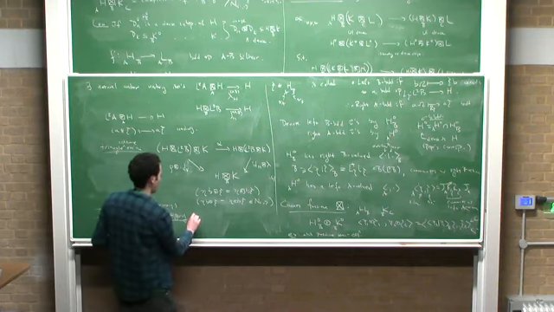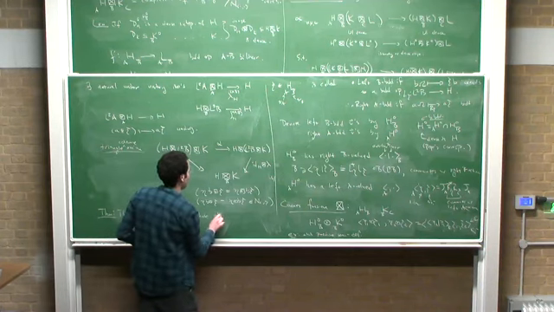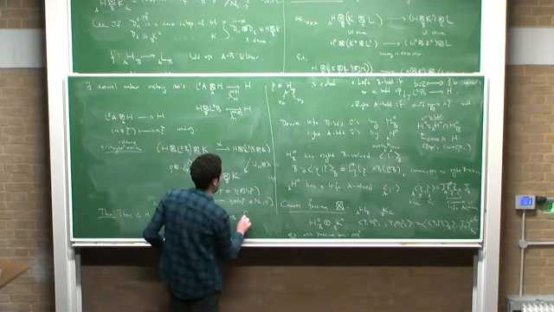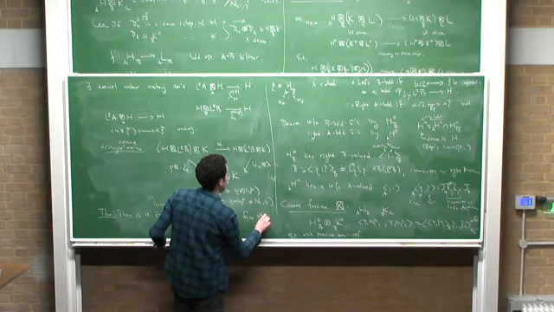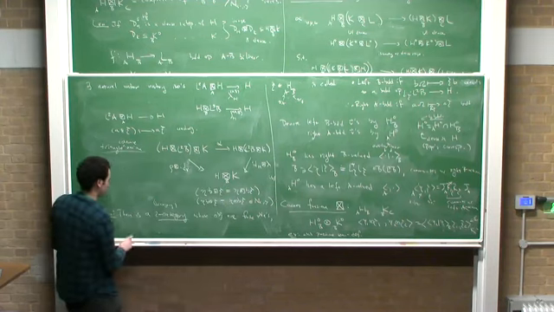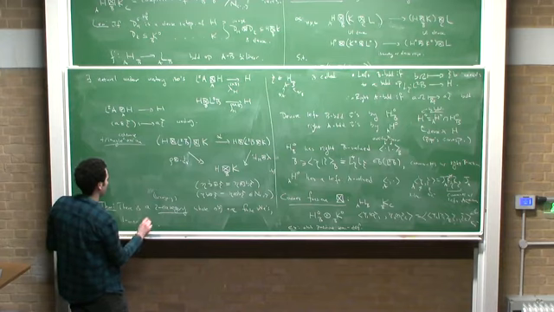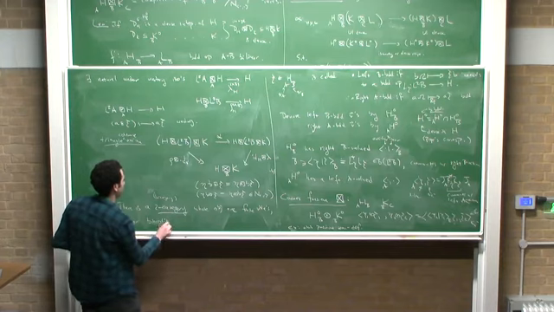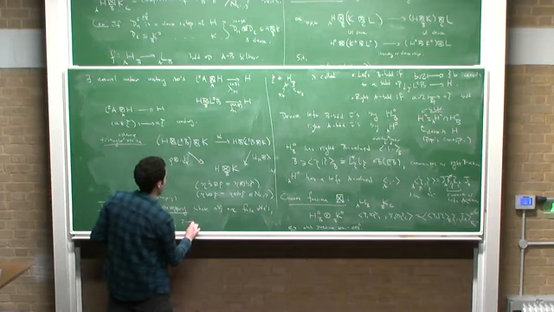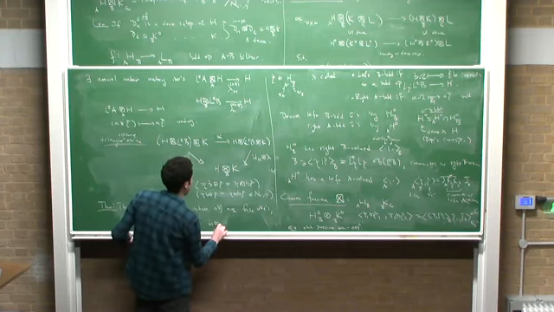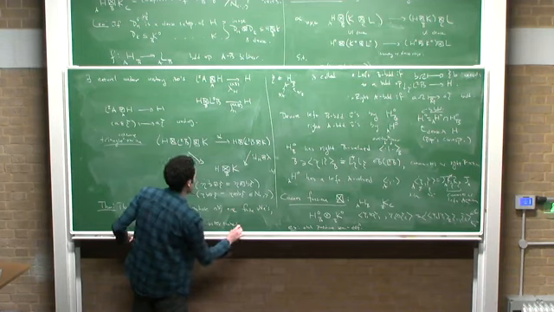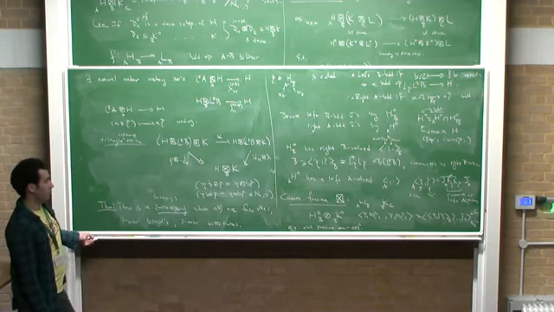There's a 2 category whose objects are finite von Neumann algebras, one morphisms are bimodules, and 2 morphisms are intertwiners. And this does the whole business.